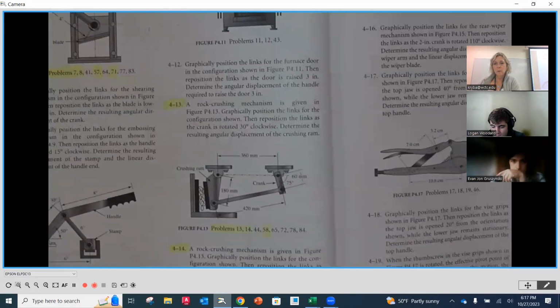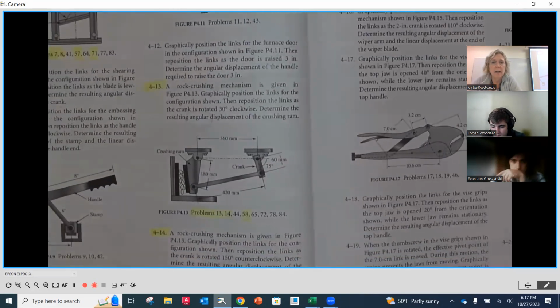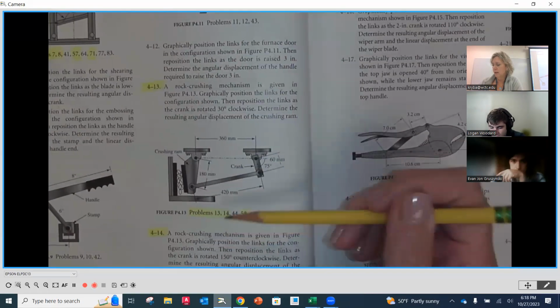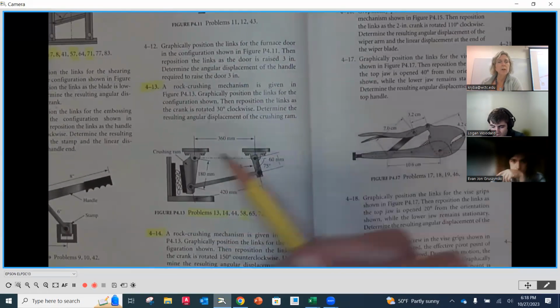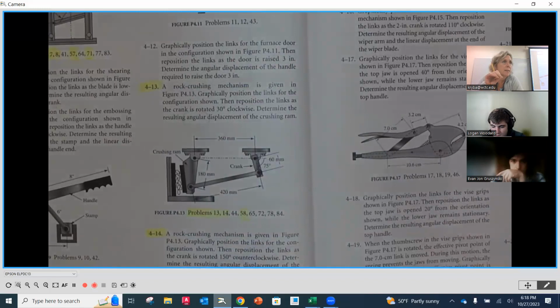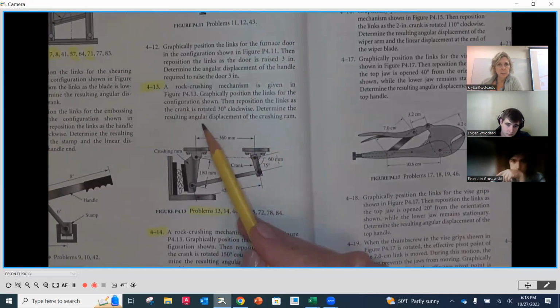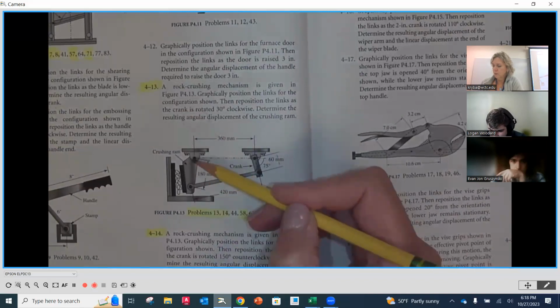And then the third one that you're going to be doing is this rock crushing mechanism. And that's going to be 13 and 14. So you're going to draw it in its original position here. But this time, because it's a crank rocker, you're going to be determining the angular displacement for each one of these. This is its original position.